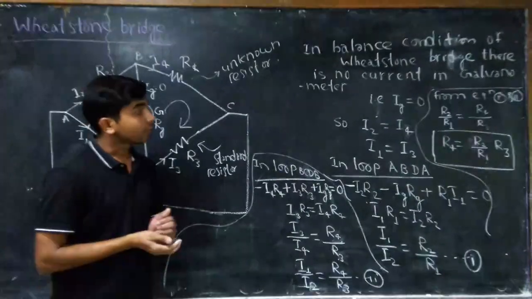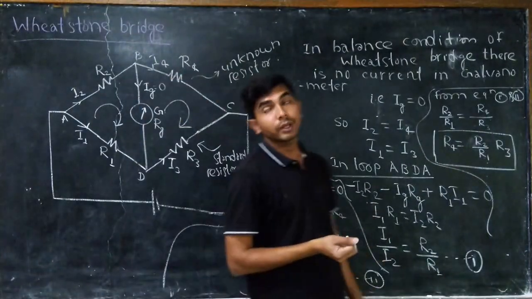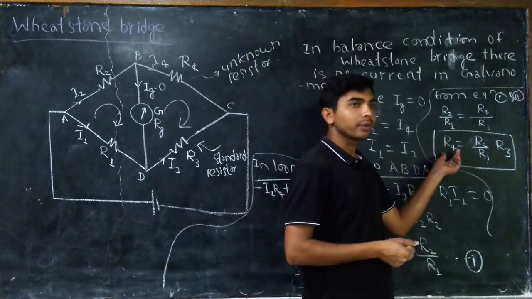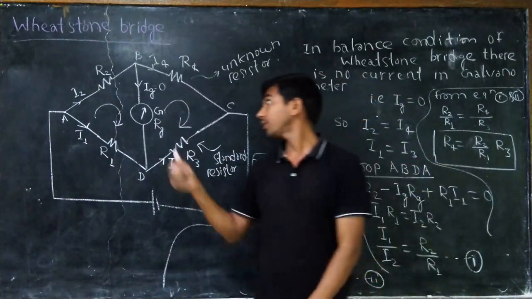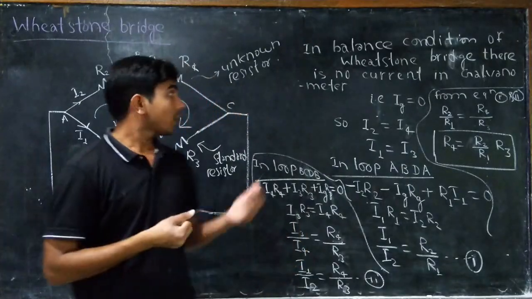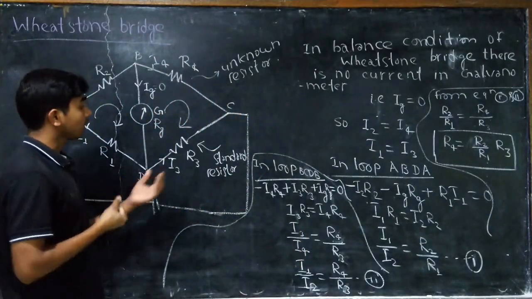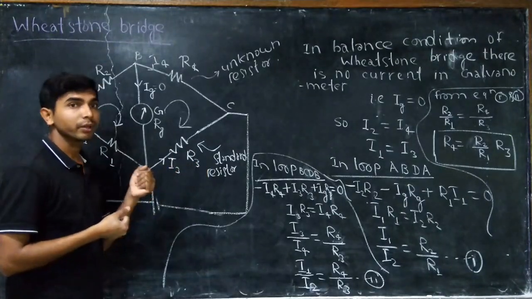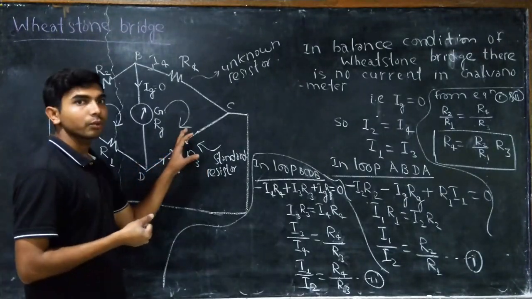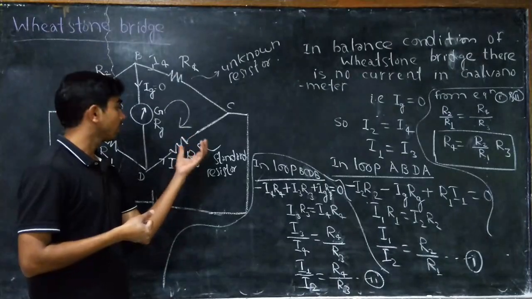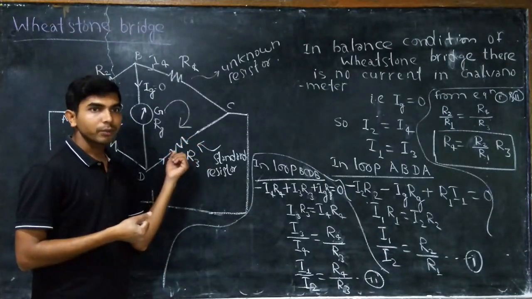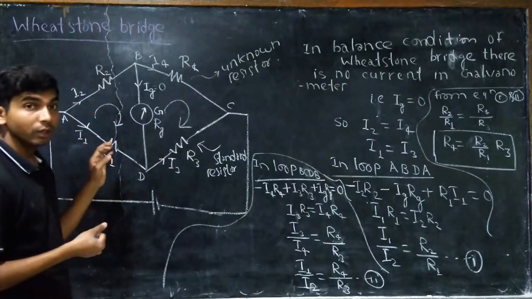Now, see, basically with the help of the Wheatstone bridge, we are calculating the unknown resistor, right? The unknown resistor is R4, and this is your standard resistor. Why are we saying this one is standard? Because we are able to change the value of this one, right? So why are we changing the value of this one? Try to understand, right?